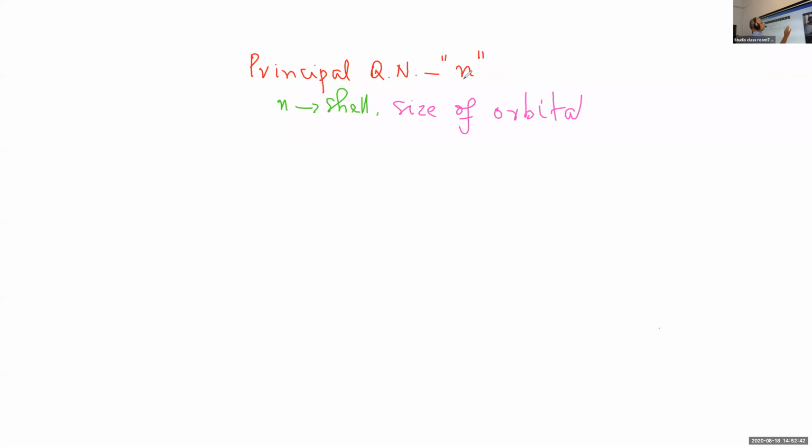So we get two things from the principal quantum number. If we get the principal quantum number n, immediately we can come to the shell or the orbit. Secondly, it gives an idea regarding the size of the orbitals.